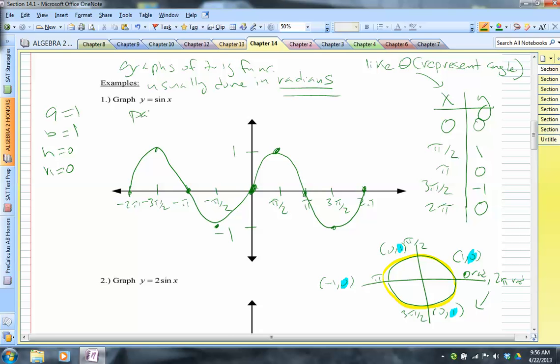So this right here is considered to be the parent function for sine. That's what we have right here, the parent function.